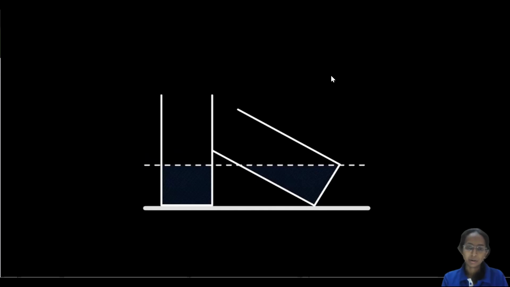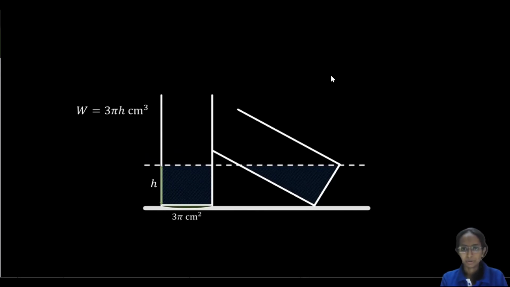Now, coming to our first cylinder, we assume the height to be h and the base is given as 3 pi. So the volume of the water in this cylinder is 3 pi h, that is base area into height.